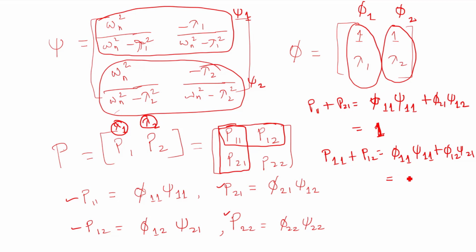If we add this, this will also lead to 1, right? Just check it and let me know if you are not getting it, right? So obviously you will get 1, right? So this is for the checking purpose, you can do it. Now after finding the participation matrix, you can know the activity and the contribution of each state in each of the modes, right?